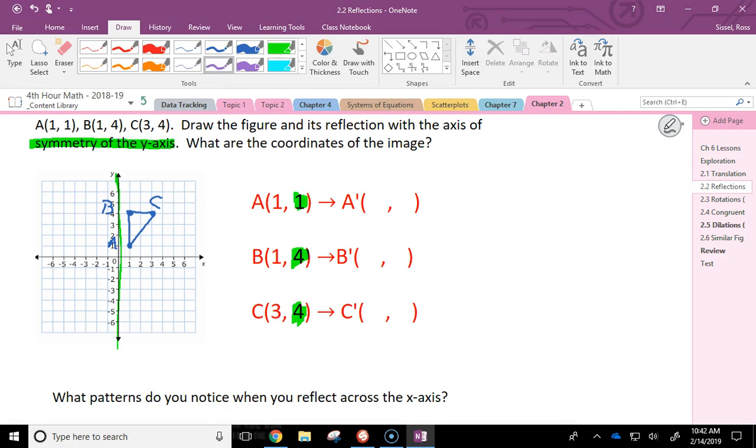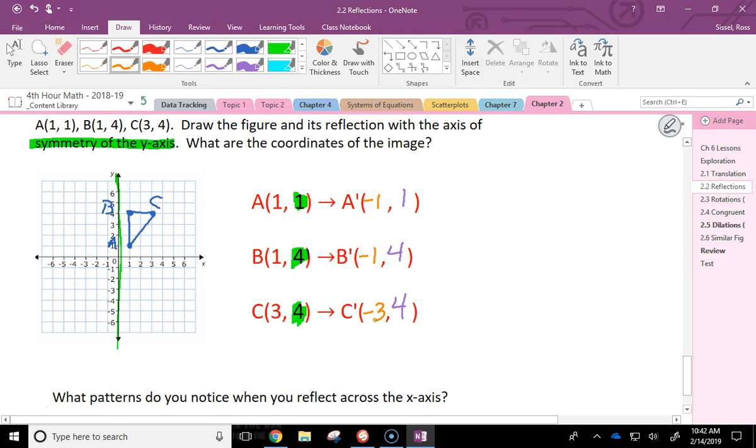So I'm going to go ahead and say, well, that would be 1, 4, 4. And according to Dusty, our x coordinates will become the opposite. So this one was 1, so it should be negative 1. That was 1, negative 1. It was 3, negative 3.